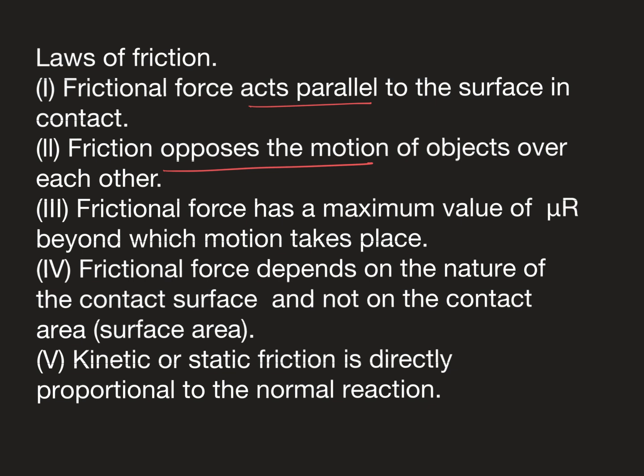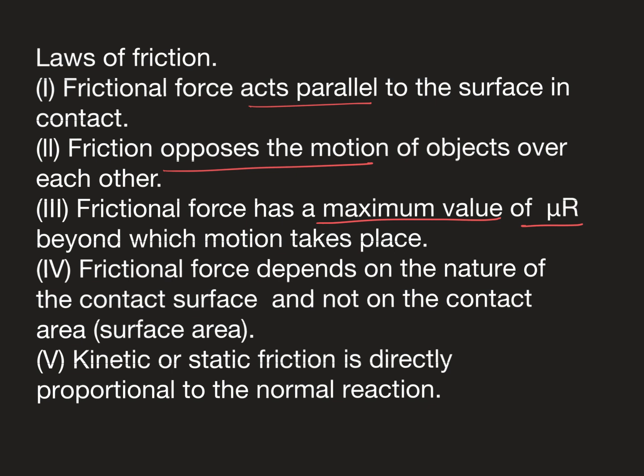Another law is: frictional force has a maximum value of mu R. That maximum value of frictional force is what we call limiting equilibrium. Limiting equilibrium is a condition where the frictional force has reached its maximum value, that is, it can no longer increase. All right? We will come to that.